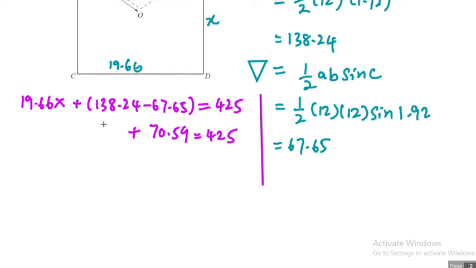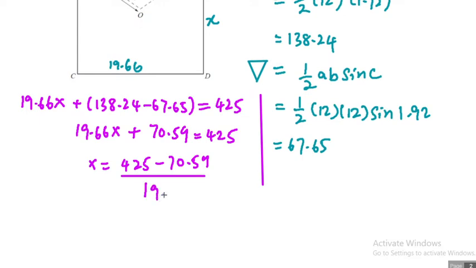Don't forget we have 19.66x here. Okay, solve this. So x will be, we minus first. 425 minus 70.59. And then after you minus, then we divide by 19.66.